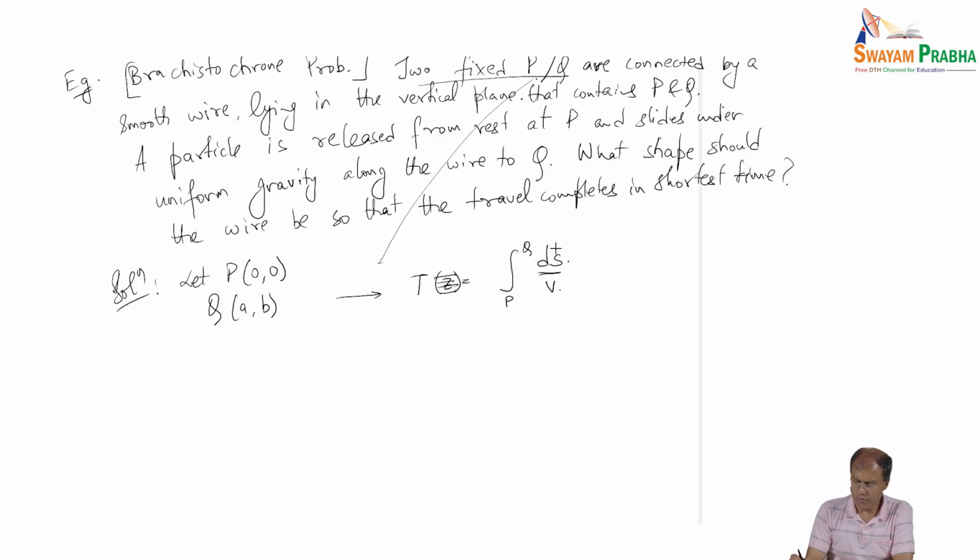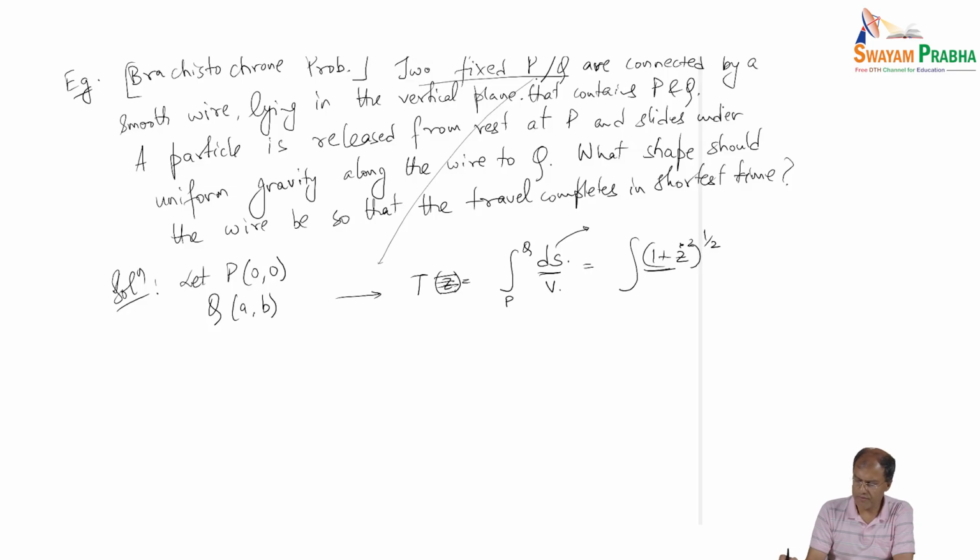Now, what could be our distance curve? The distance is the path curve between the points P and Q. So if we were to write the distance integral, this is going to be (1 plus z dot square) to the power 1/2.